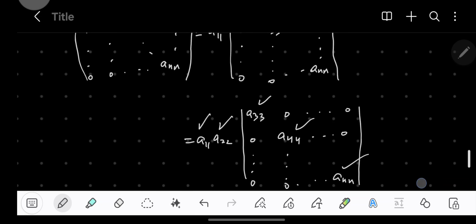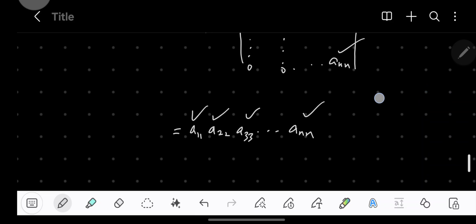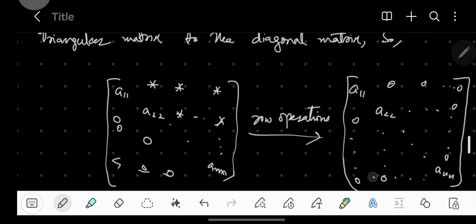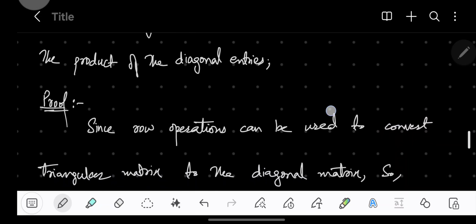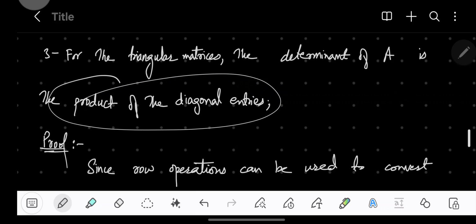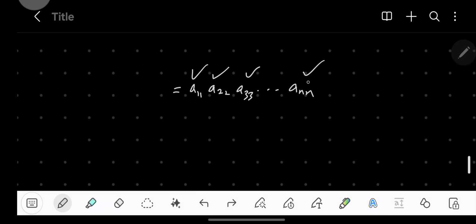Since there are no other entries, there is no effect of the other entries. So we have proved that the determinant of a triangular matrix is only the product of the diagonal entries. And the same thing you have checked, that at the end we have only got the diagonal entries of the matrix. So we have proved this property.